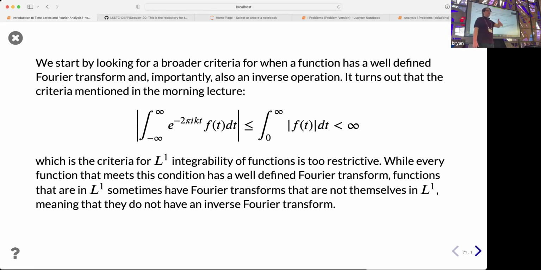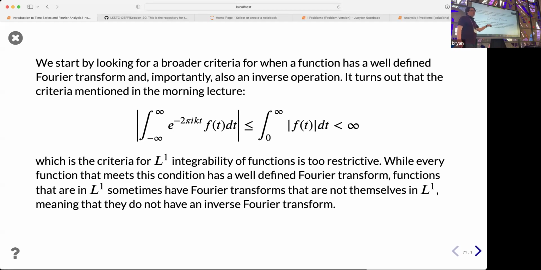So their Fourier transform is not L1 integrable. If I take a function and take its Fourier transform, and its Fourier transform is not L1 integrable, according to this criterion, then that function would be said not to have a well-posed Fourier transform since it doesn't have an inverse operation. And one of our conditions on the Fourier transform is that we can go back and forth.